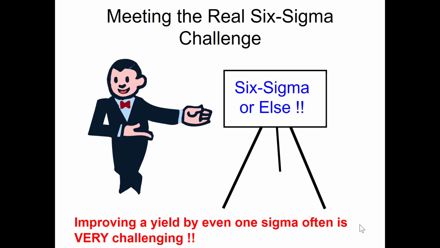So this is an example of where statistics can be abused. In fact, the fallacy on this is that we've assumed that what's important is a standard deviation. What's really important is what our profit is on a part.